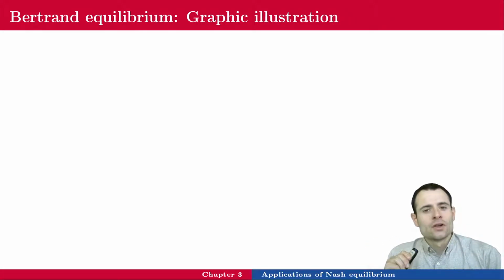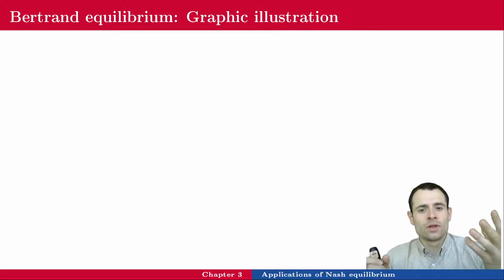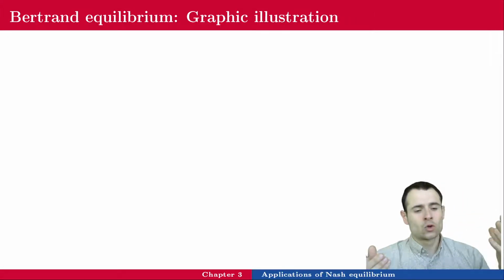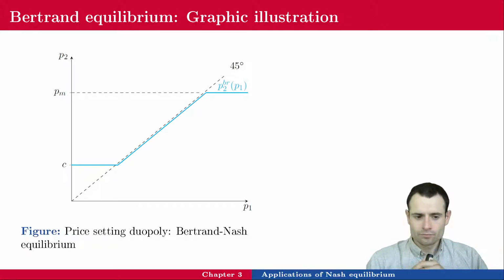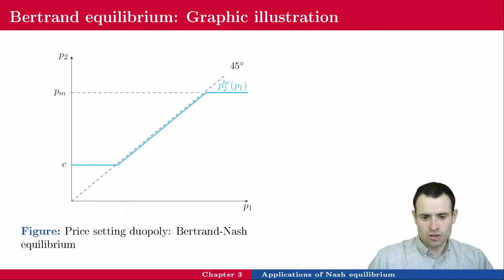Let's look at the graph. So instead of representing Q1 and Q2 like I did with Cournot, this time I'm going to represent P1 and P2, the best responses. Let's look at the best response of firm 2, P2 as a function of P1.